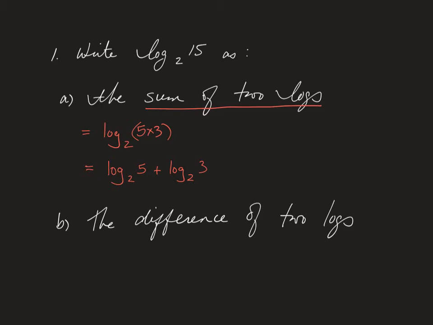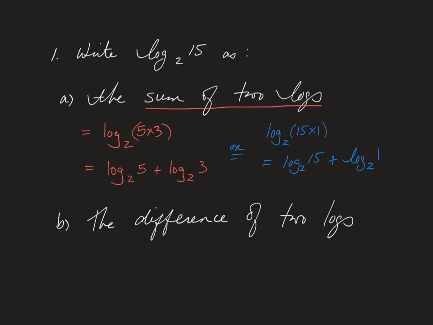Now, one key thing. Some people are going to look at that and say, why don't I just view log 15 as 15 times 1? Because then I can say, well, I've got log 15 from base 2 plus log 1 from base 2.